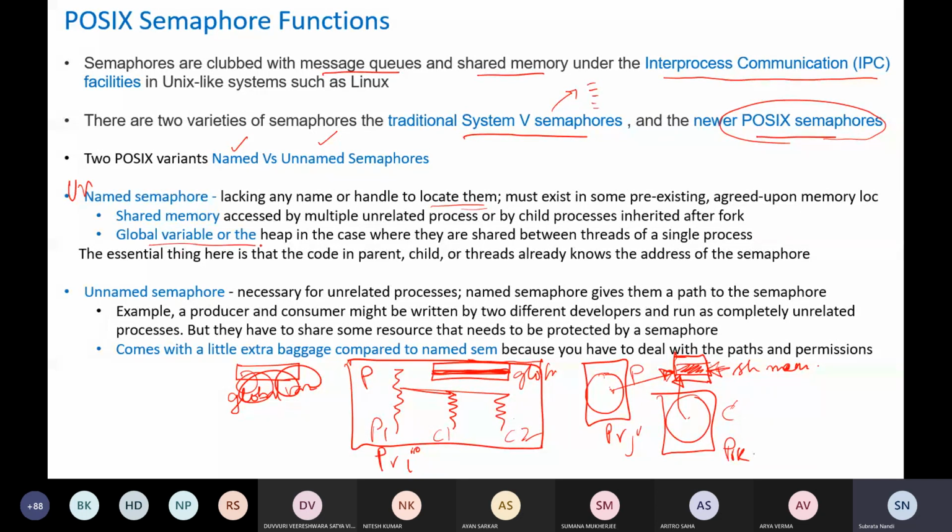Here the global variable or the heap, or here the shared memory accessible by multiple related processes, may host the semaphore. The essential thing here is the code in the parent, child or the threads already knows the address of the semaphore.